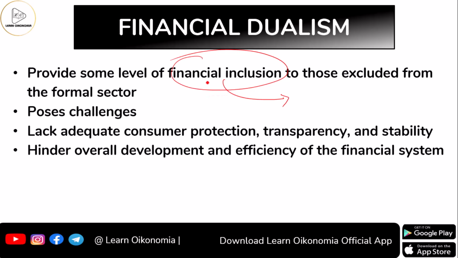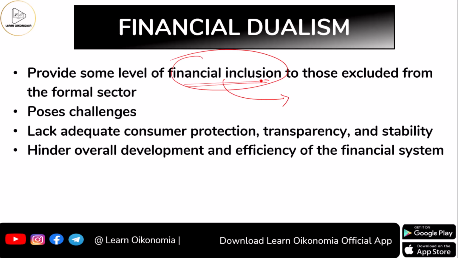So in that sense, you are getting included in the financial setup. So we are talking about an opportunity that will be open in front of those people who were actually excluded from the formal financial sector. So in that sense, the informal financial sector is good, but that doesn't mean that the informal financial sector is always good.